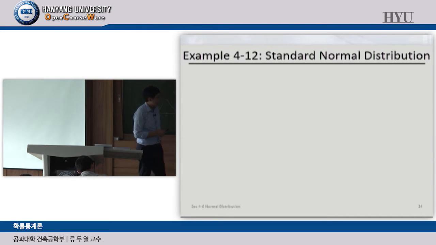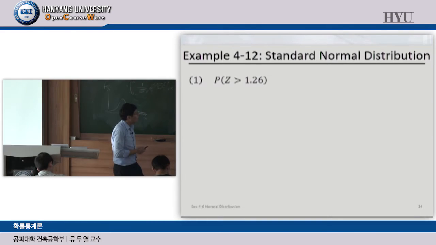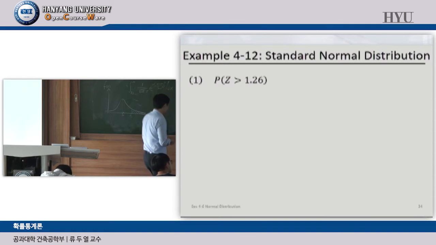And this is another example. What is the probability of Z when Z is larger than 1.26?